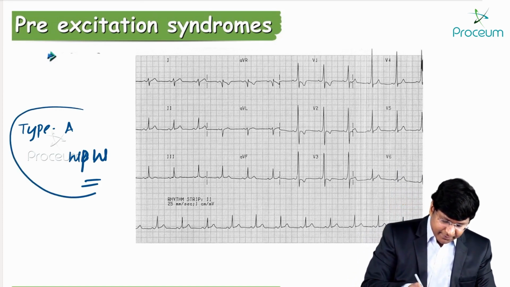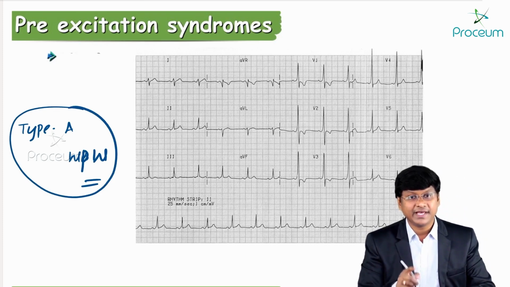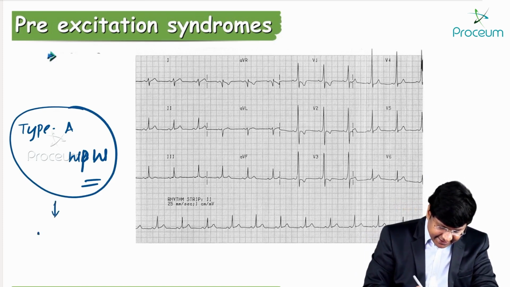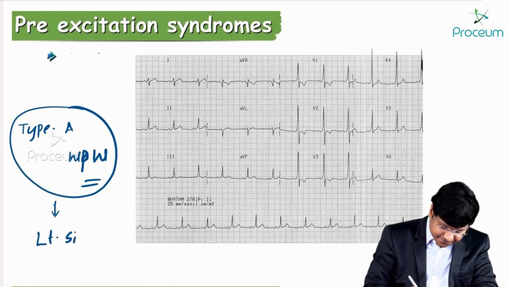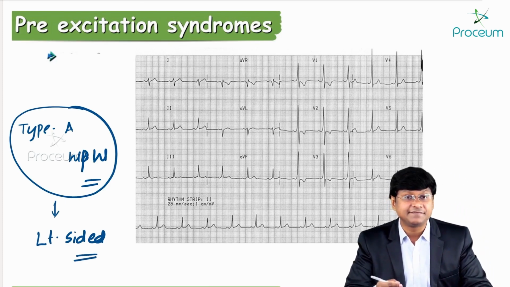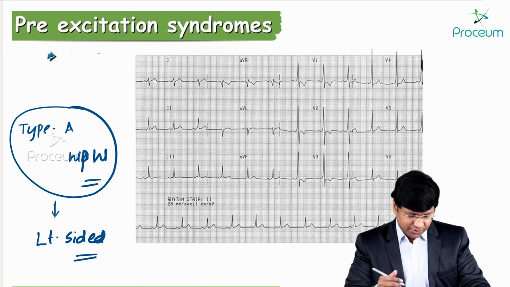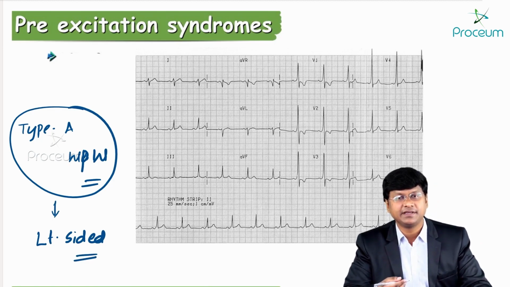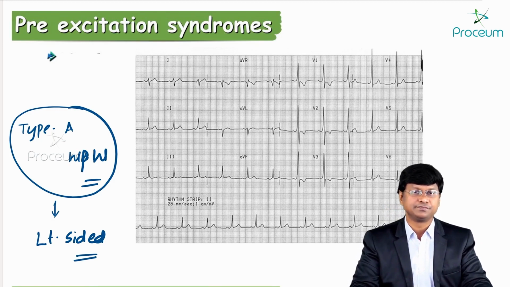Type A WPW syndrome is that where the individual will have a left-sided accessory pathway. So that left-sided accessory pathway is your type A WPW syndrome, right?